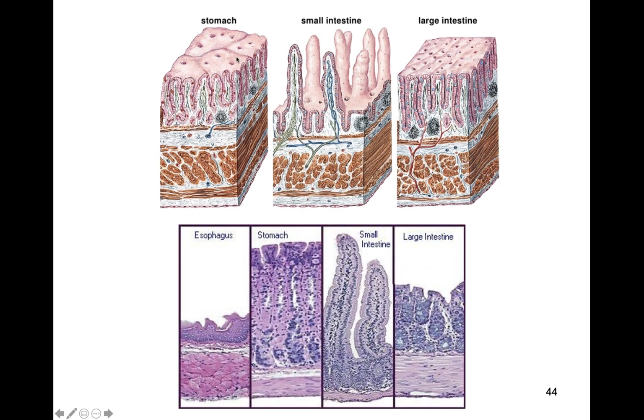So we have stomach and small intestine and large intestine. If you look at this, the stomach looks very similar to the large intestine, and then the small intestine, you can tell the difference between these. So on the exam, what I usually ask is to compare the stomach and the small intestine. I never really ask the large intestine because this looks very similar to the stomach. So don't worry about large intestine histology too much.